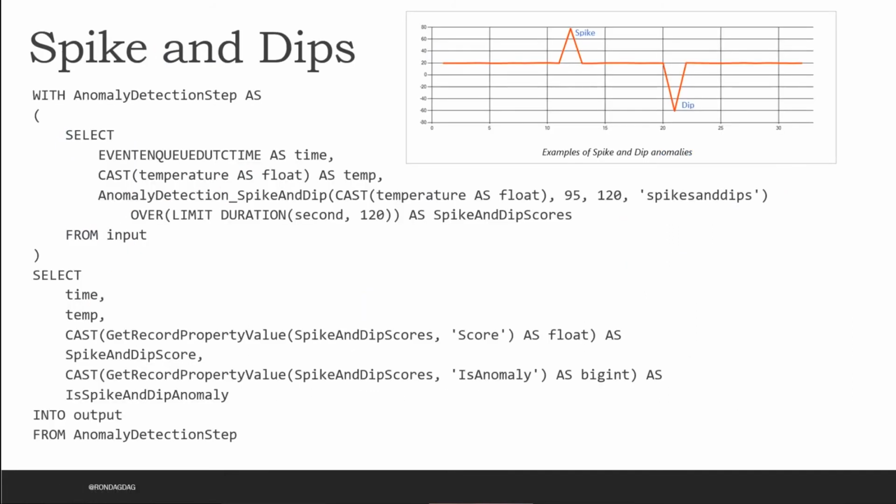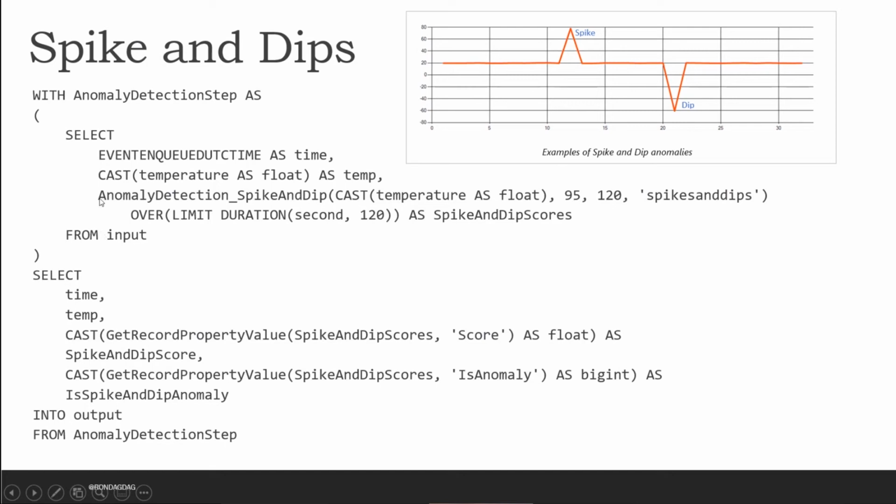So here's one example of how you would detect spikes and dips. If you're not familiar with it, I think it's a SQL-like language in Azure Stream Analytics, so it's kind of like SQL. You have your input data based on the data you're getting.